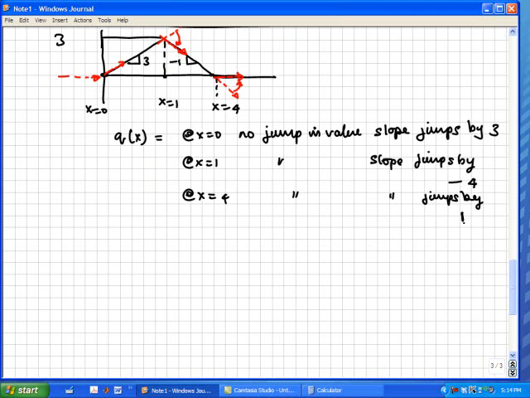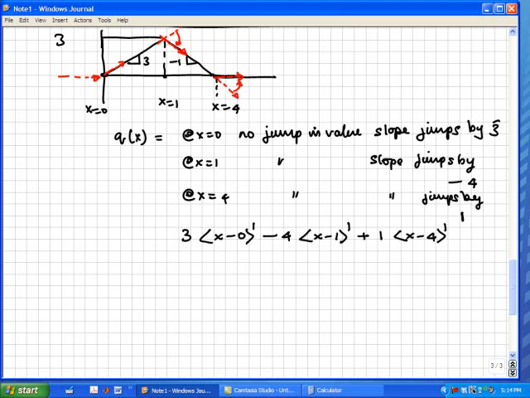Okay, so that's why it's a truncated chunk, just a chunk of function between two values. Outside these two values, it's all 0. So what happens is, this thing is written as 3 times x minus 0 to the power 1, minus 4 times x minus 1 to the power 1, plus 1 times x minus 4 to the power 1.